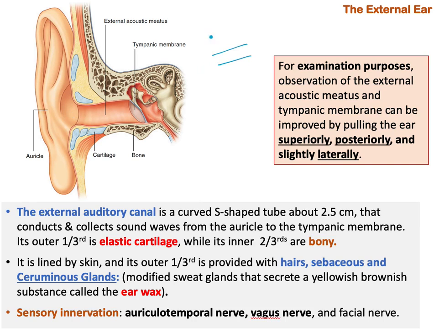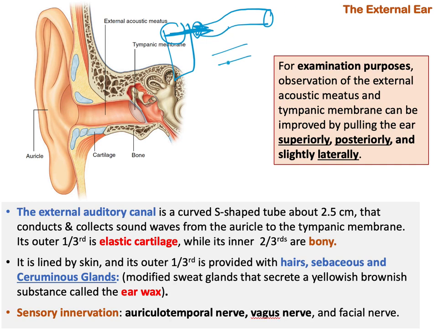It's curved anteriorly, then a little bit posteriorly, then again anteriorly, of course upward. That means when you go to the ENT physician, and he or she wants to look at the eardrum using the otoscope, he or she has to straighten the external acoustic canal.